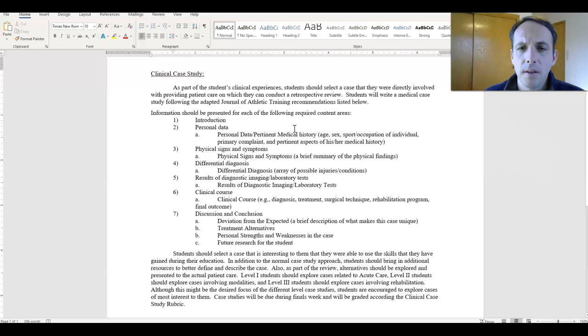Obviously, you're going to start with an introduction, and this is going to give some of the background information that the reader would need to understand the case. Now, that's not necessarily the case as it's presented. That will be in the following sections, more in the case description.